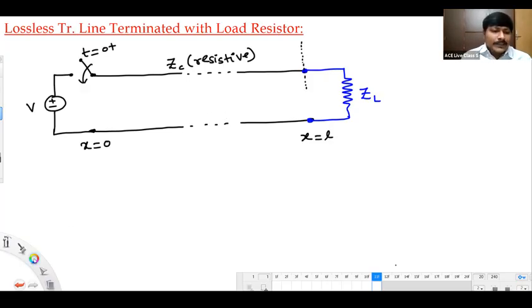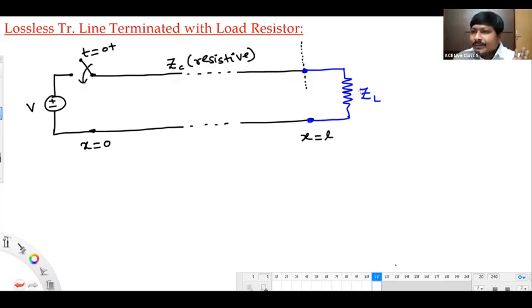Please listen now. Same explanation, whatever we have done earlier. Please look here. What is the definition of ZC? It's a property of the medium which causes conversion of voltage to current, current to voltage. That's it.